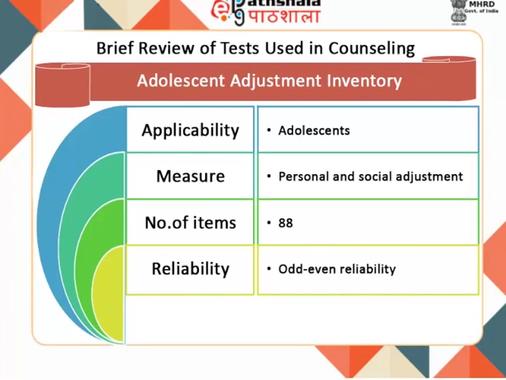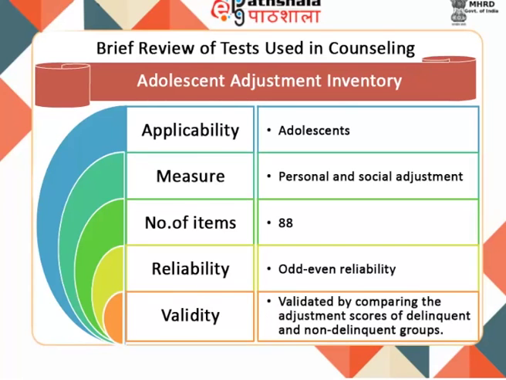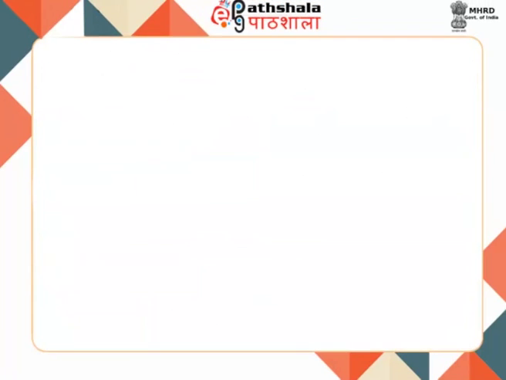Reliability: odd even reliability coefficients were 0.84 and 0.95 for personal and social adjustment respectively after applying the Spearman-Brown correlation. Validity: validated against teachers' ratings, Bell's adjustment inventory, California personal and social adjustment inventory, parents' ratings, and by comparing the adjustment scores of delinquent and non-delinquent groups.